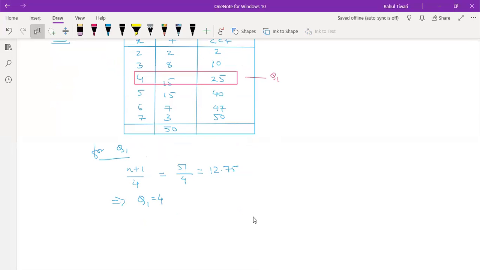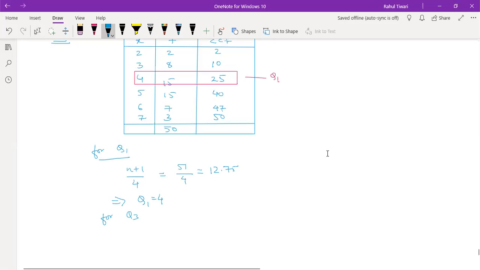One can write that 12.75 lies between the cumulative frequencies 10 and 25, therefore it belongs to Q1. That's why you can directly get the value of Q1 as 4. But it is not compulsory; since we have shown this is the Q1 interval, one can write it directly. What about the next one, Q3?